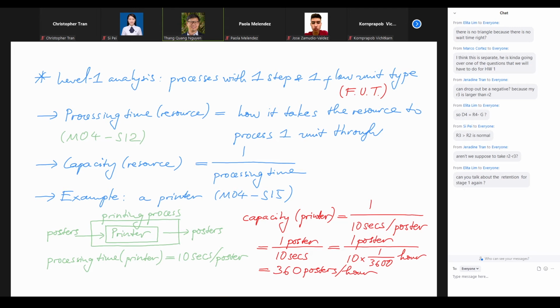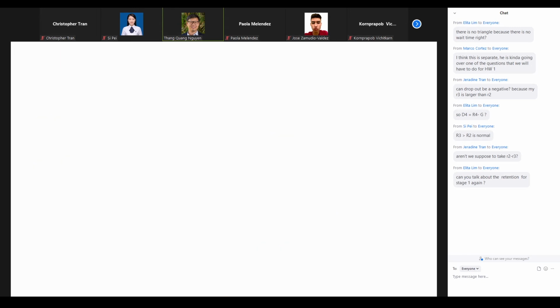All right, so that's the first concept. And now let's move on to the next concept. We already defined the capacity of the resource, and now let's define the capacity of the process.